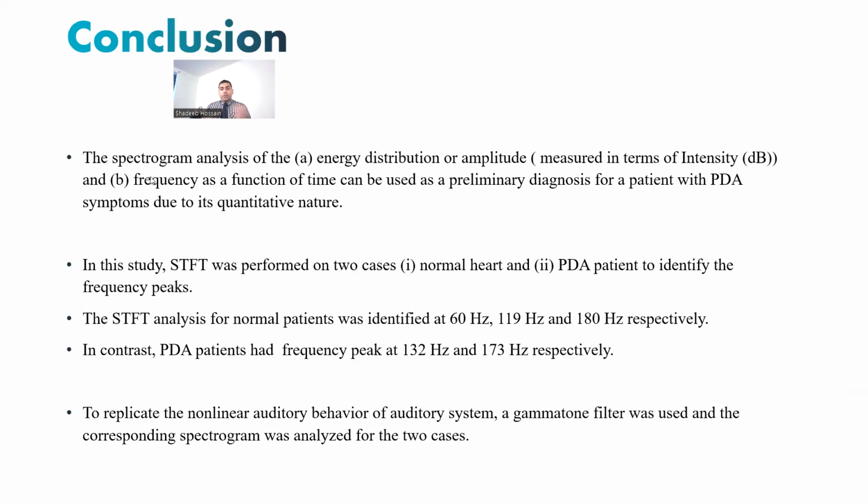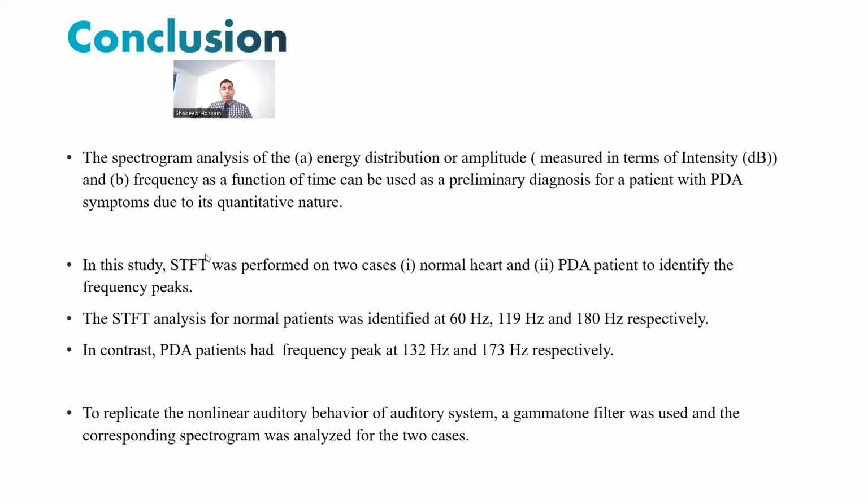So to conclude what we did over here, the spectrogram analysis would help us understand the energy distribution, or the amplitude, and also the frequency as a function of time, that can be used for any preliminary diagnosis in case those are not clearly identified by a specialist.